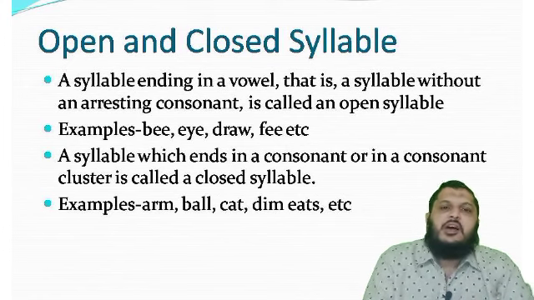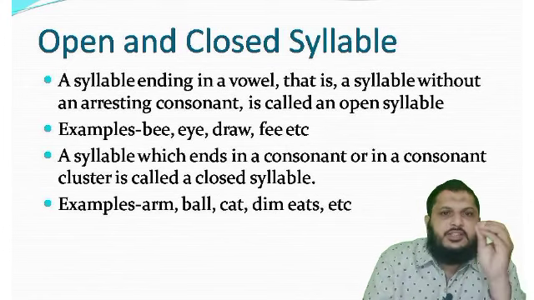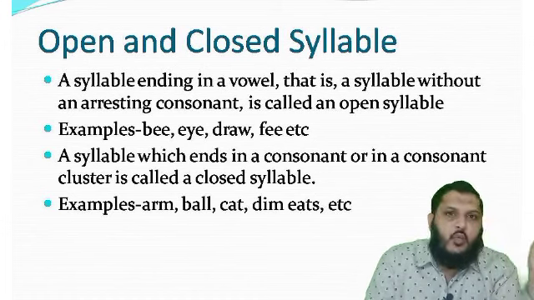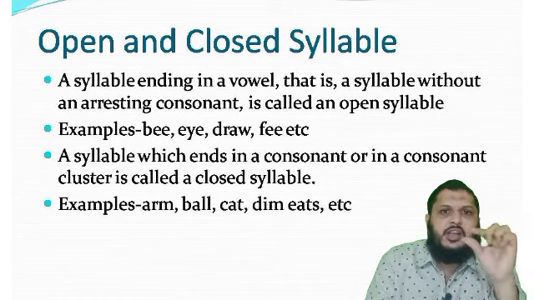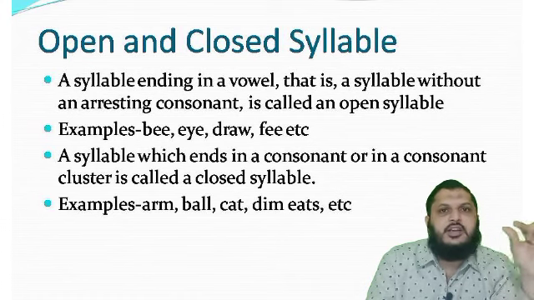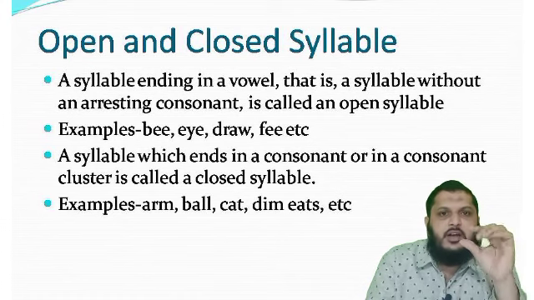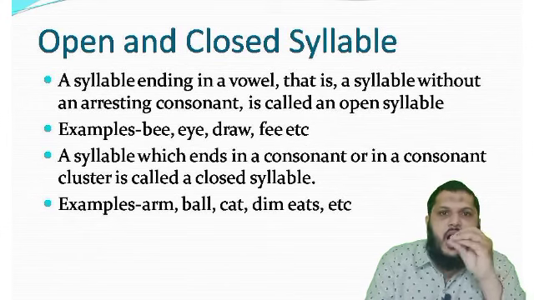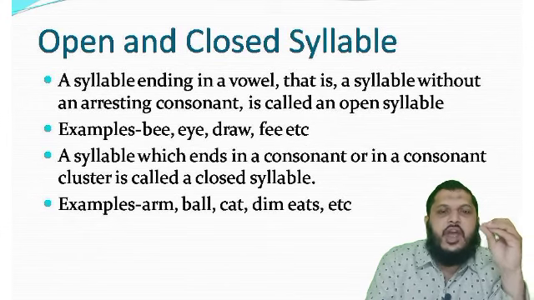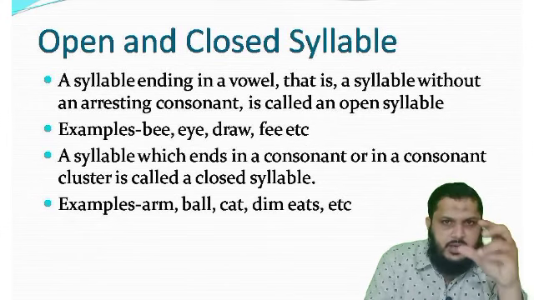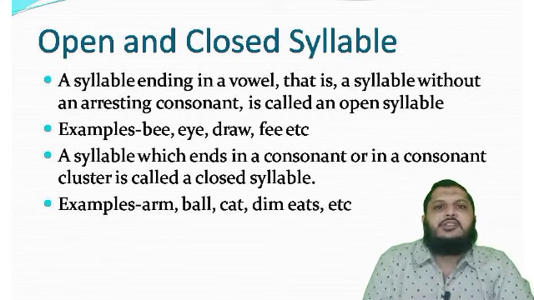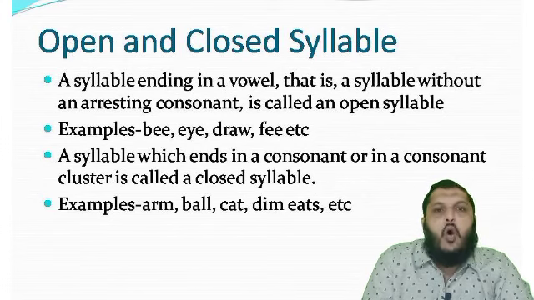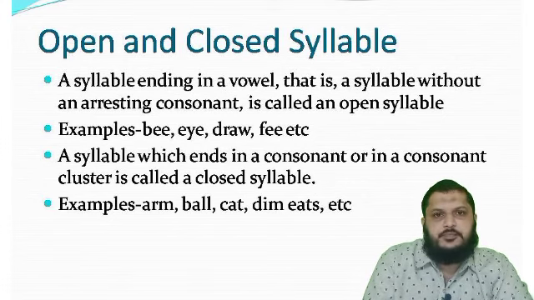In all these words, the syllable ends in a vowel. Fee, the last sound is E. So we have words without an arresting consonant. Such syllables are called open syllables.